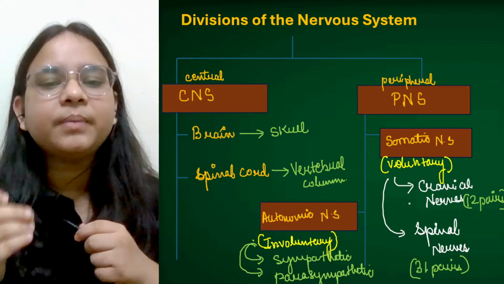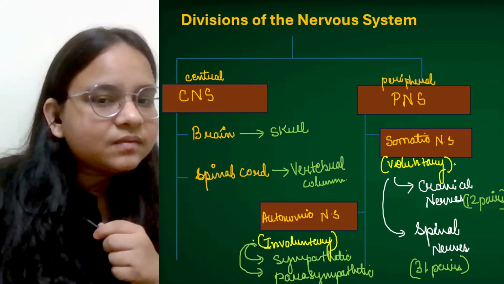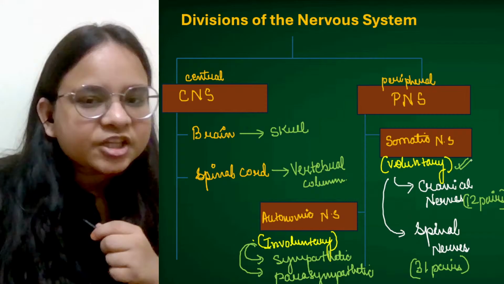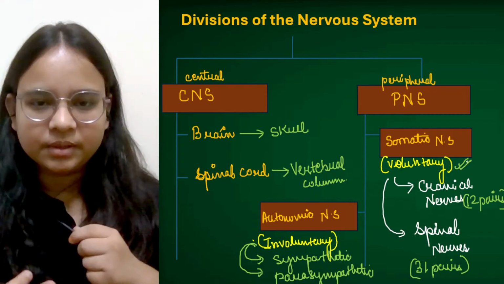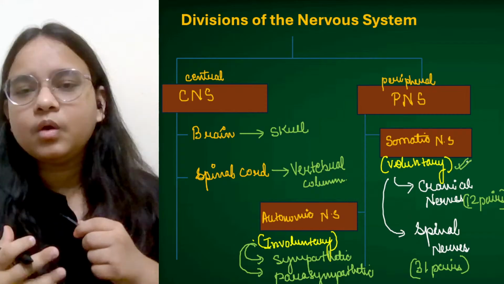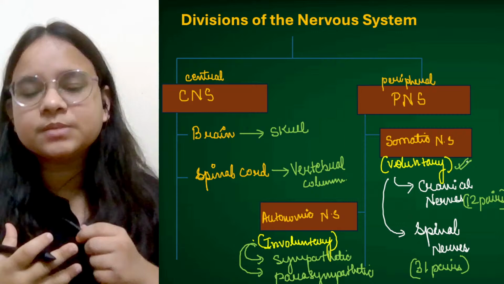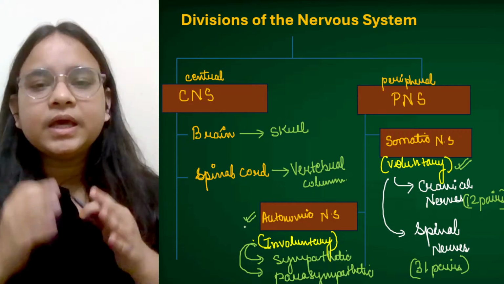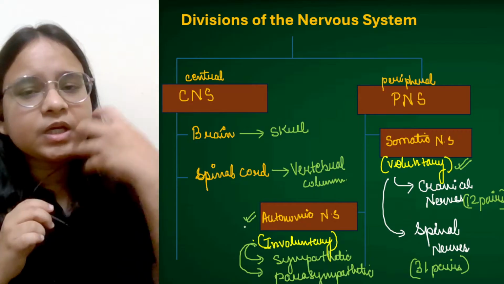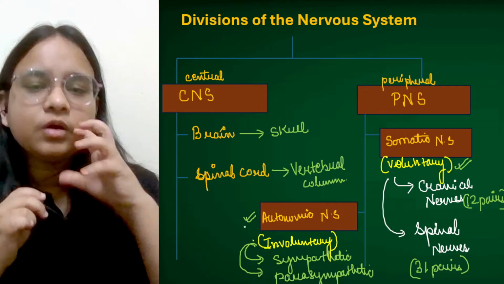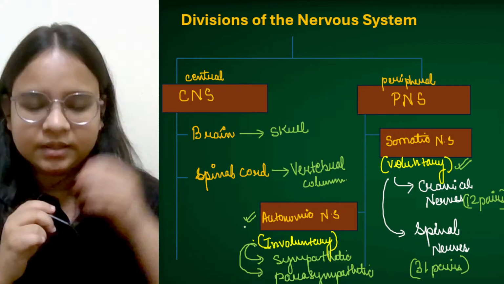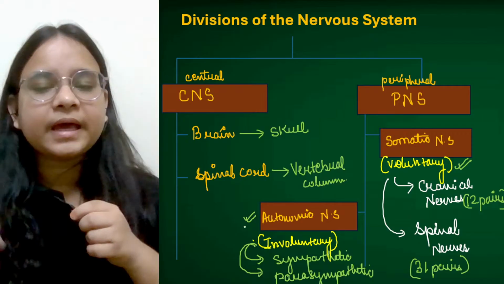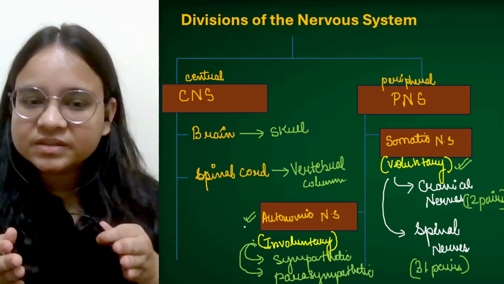The somatic nervous system is associated with voluntary actions; it coordinates all the voluntary actions in our body. Whereas the autonomic nervous system regulates and controls all the involuntary actions of our body. This can be further classified as the sympathetic and parasympathetic nervous system.